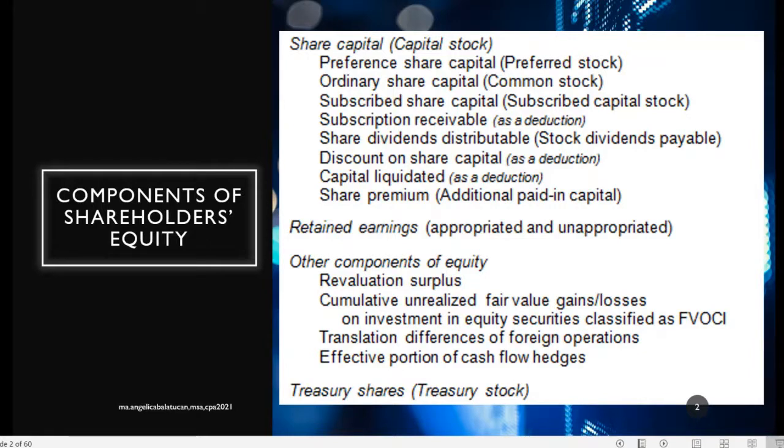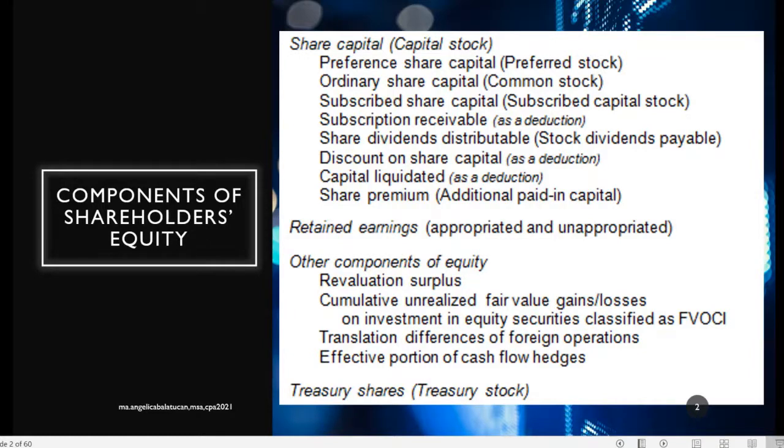Next, we have the retained earnings, whether it is appropriated or unappropriated. If it is labeled appropriated, it is restricted. And if it's unappropriated, this means that this is free to use, especially for dividends declaration.